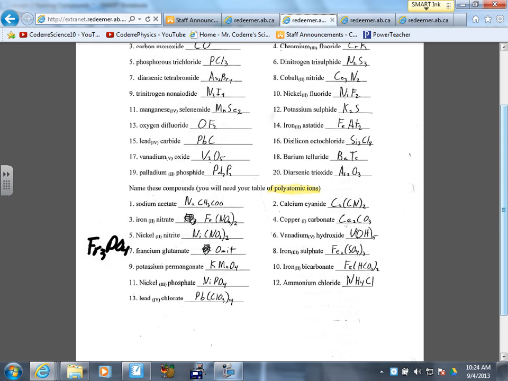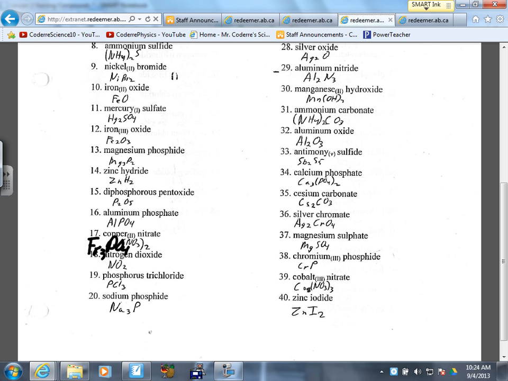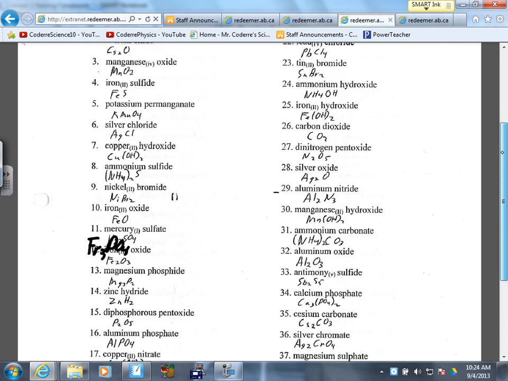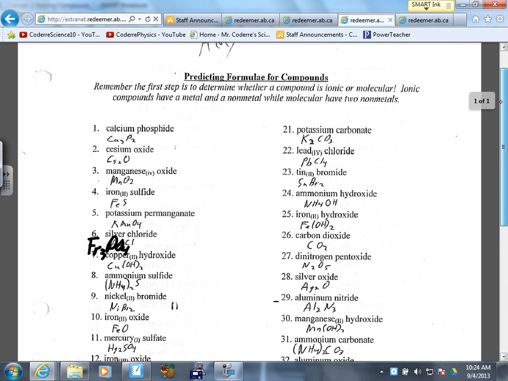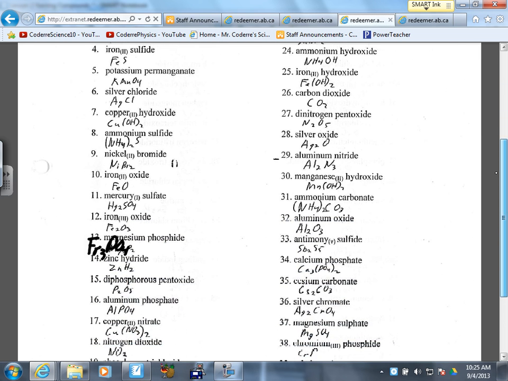And there's the other one. Aluminum nitride, number 29 on the sheet called predicting formula for compounds. Number 29 is also wrong on the key.